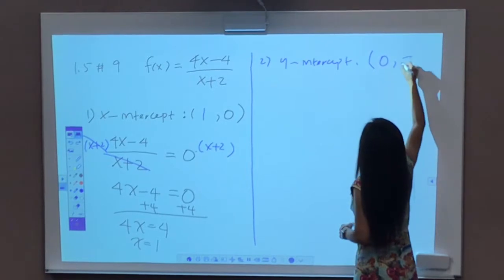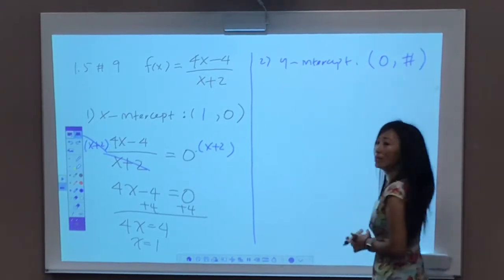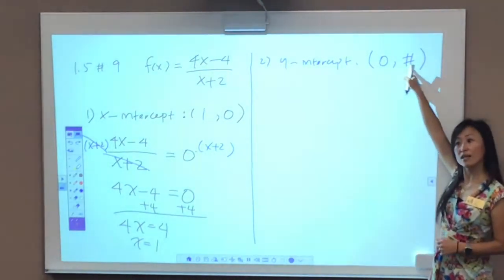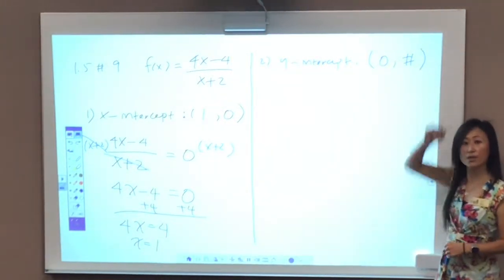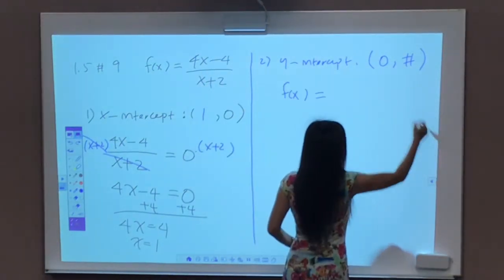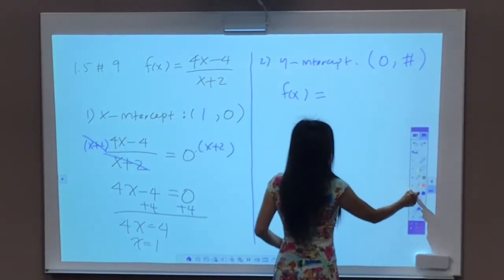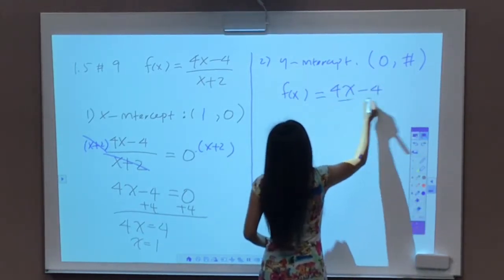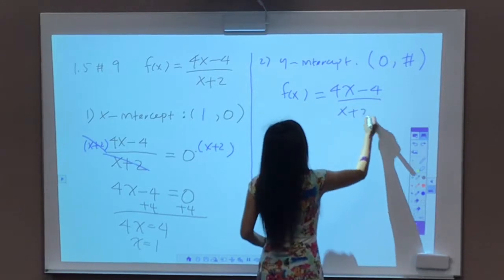We'll figure it out a little later, right? When we do our calculation, then we know what to put in. So I have an equation here, f of x equals 4x minus 4 over x plus 2, but I'm going to plug in x equal to 0. Right, class?